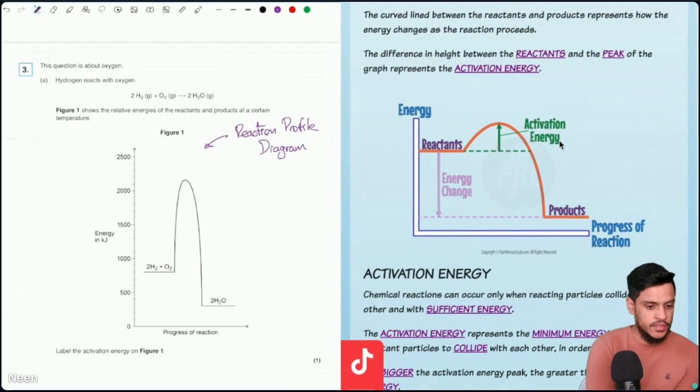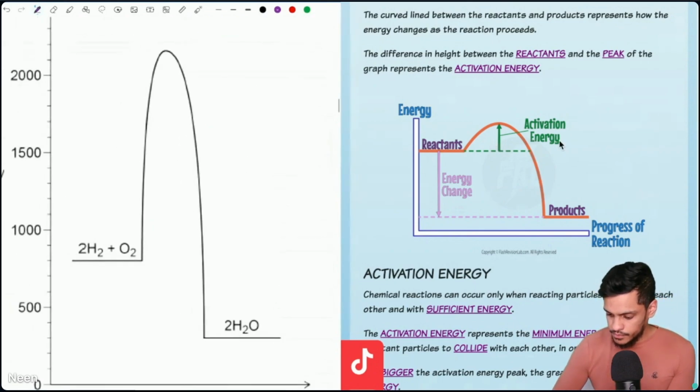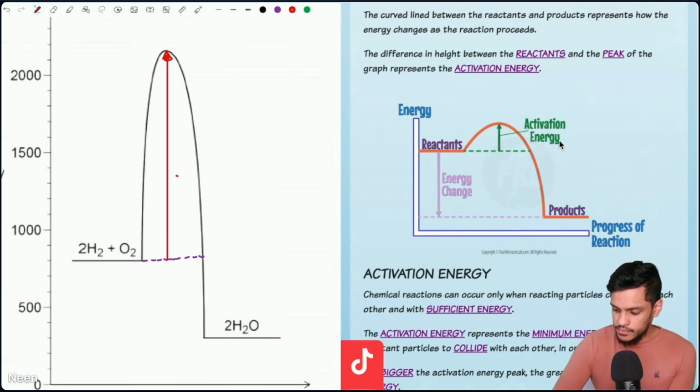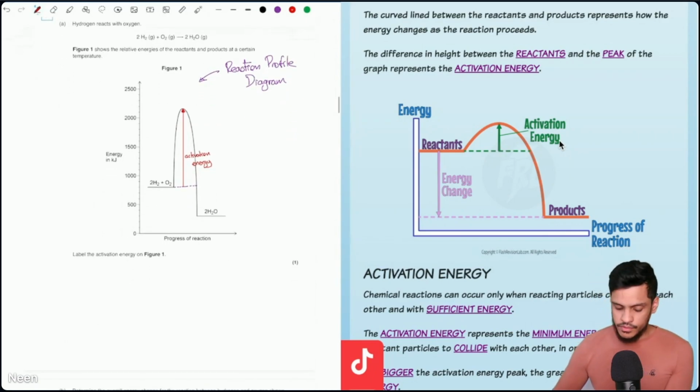So that's how we need to label it on our diagram. We can do a dotted line here and then draw a straight line from here to here. That would be the activation energy. That's one mark.